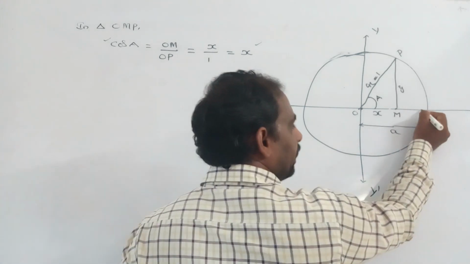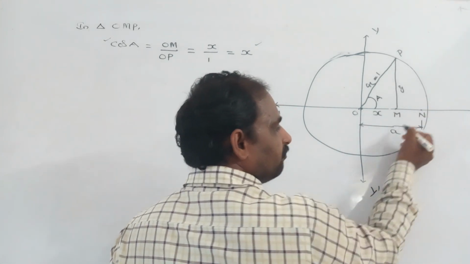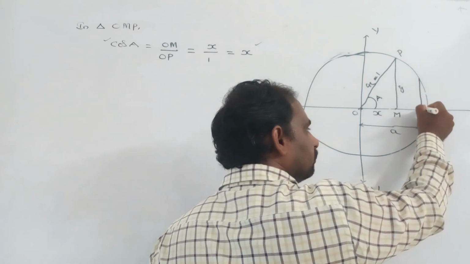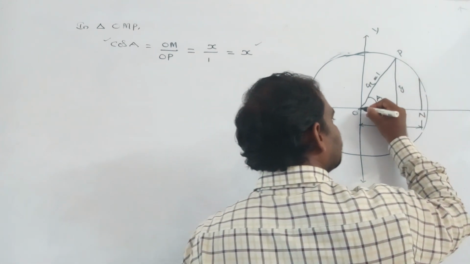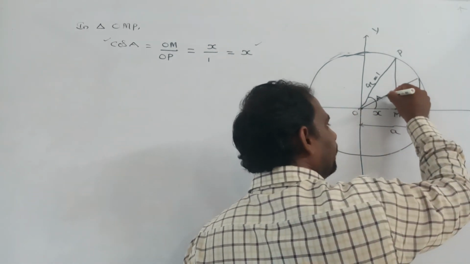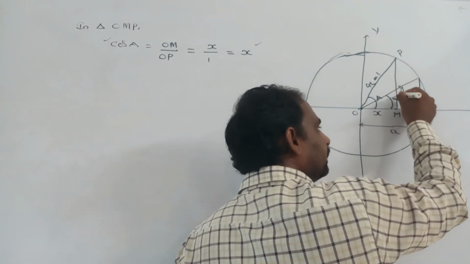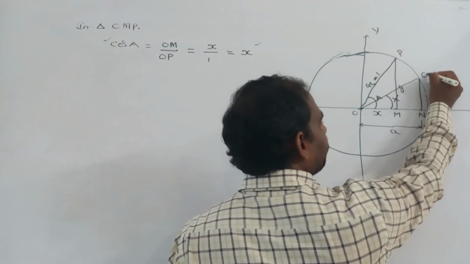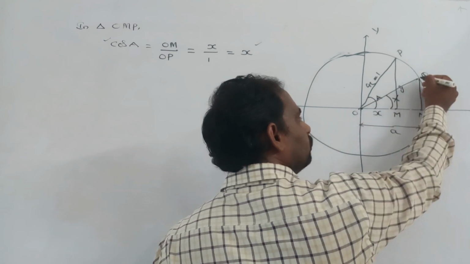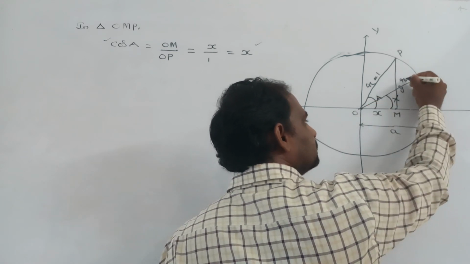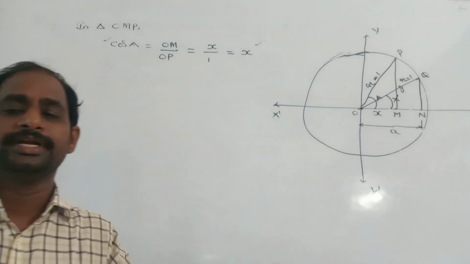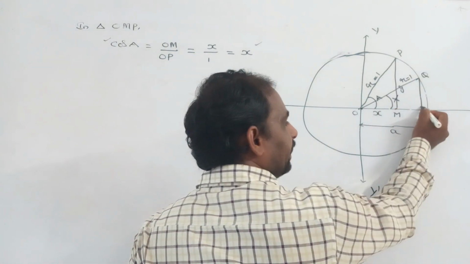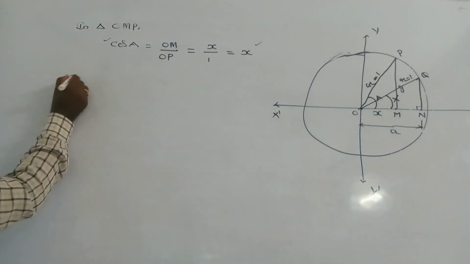Now consider another point we have taken, the distance from O to N we have taken as A. Now take another vertical line and join these two. Let the angle be taken as X. This is triangle ONQ. From here to here is also a radius, again taken as 1 because the unit circle radius is equal to 1. Now consider triangle ONQ.